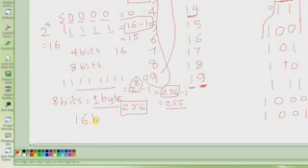Similarly, a collection of 16 bits is called 1 word, and 32 bits is called 1 double word. These are terms that you will hear again and again in programming languages and computer science everywhere.